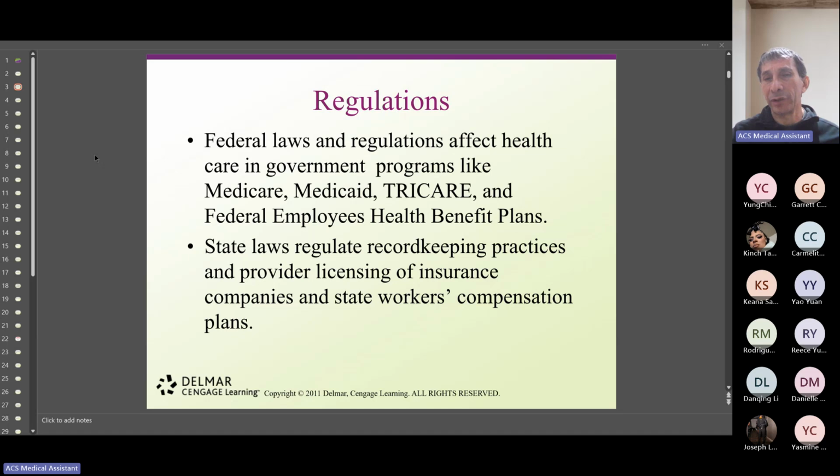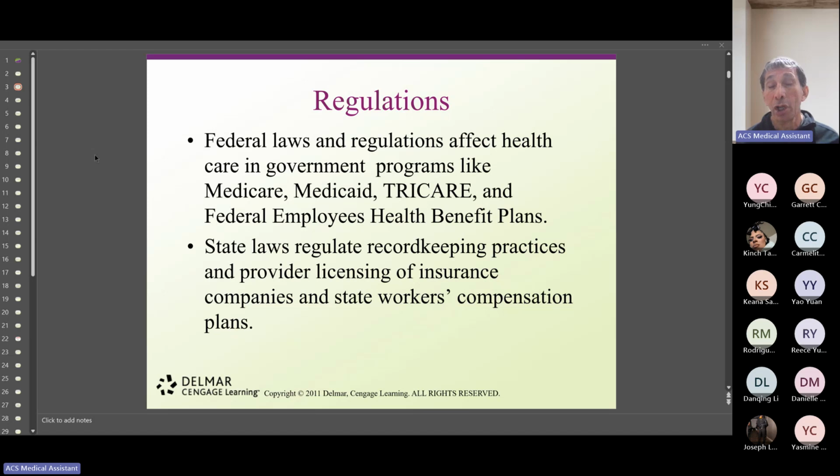So it's very important, not only for regular insurances for medical health, but for insurance that has to do with workers' compensation plans. We will deal with workers' compensation later on, but just to give you a little advance, workers' compensation means when you are injured on the job. Then your employer has to pay for the services for the time that you're not going to be able to work.